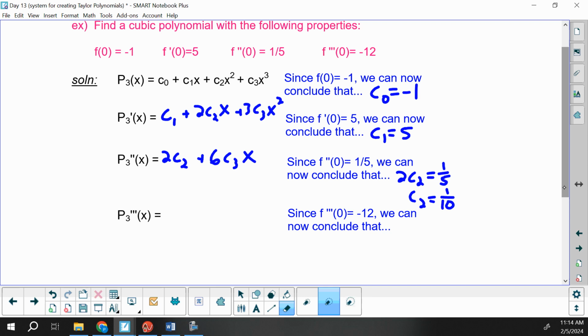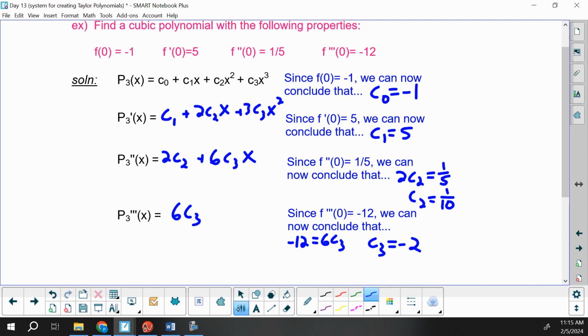So we'll carry it out once more because we still have to find C3. The derivative of the second degree, the 2C2 will go away, so we'll just have 6C3. So we're subbing in 0 for x, which there's no zeros to sub in for. So negative 12 should equal 6C3, or in other words, C3 is just negative 2.